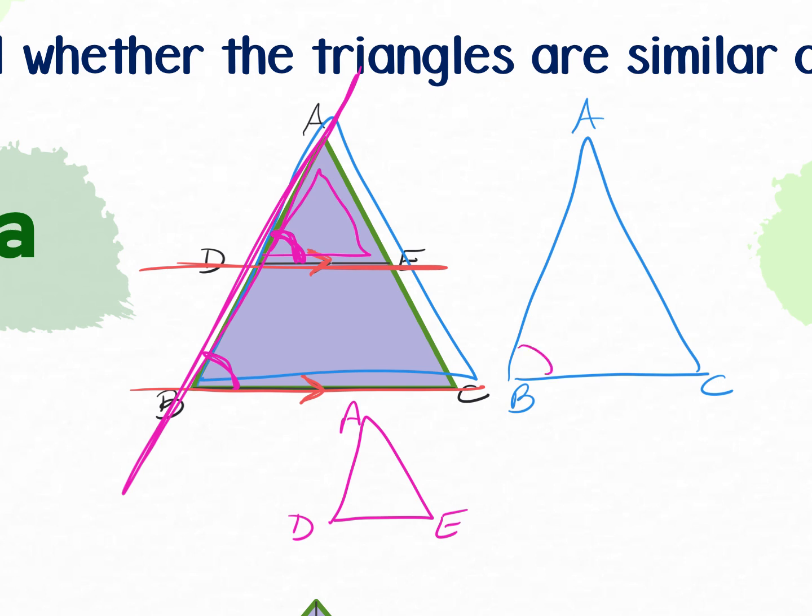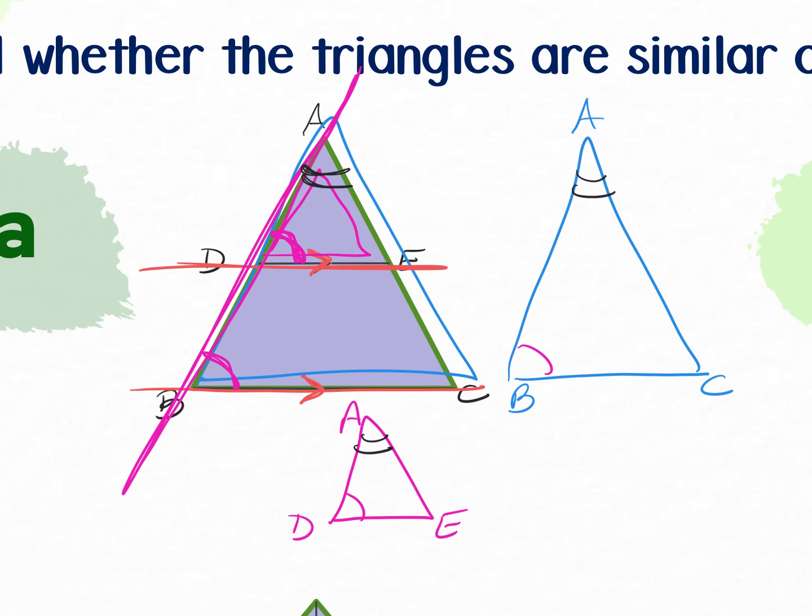So angle B is congruent to angle D. Now, the easiest other angle to find, I could do the other side as a transversal, but if you recognize that this angle A up at the top is the same in both triangles, and when you write a proof, you'll be writing a proof for this, that angle A is congruent to angle A, and that reason would be reflexive. So I've just now shown that I do have two congruent angle pairs.